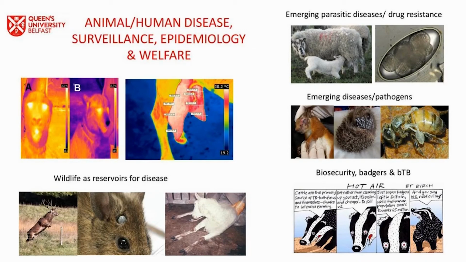The areas of animal and human disease surveillance, epidemiology and welfare are becoming increasingly important. Increased human population, loss of habitat, and agricultural intensification all have knock-on effects. For example, an increase in emerging parasite diseases and drug resistance among parasite populations have been reported.